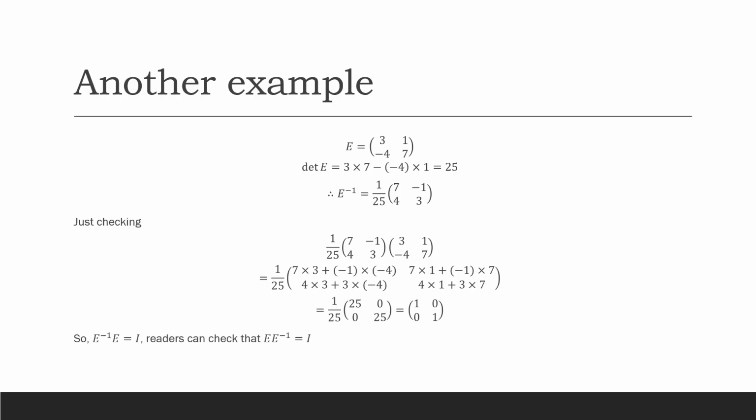And it works the other way. We've just shown that E to the minus 1 times E gives us I, the identity, but also E times E minus 1 will also give us the identity. If we swap the order around, it works fine. We can put that scalar, the 1/25, at the front, whichever order we do the matrices in.